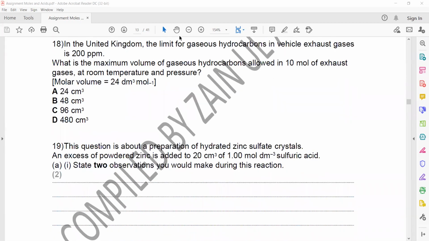Question 18. In the UK, the limit of gaseous hydrocarbon in vehicle exhaust is 200 parts per million. What is the maximum volume of gaseous hydrocarbon allowed in 10 mole of exhaust gas? So we have concentration in ppm.